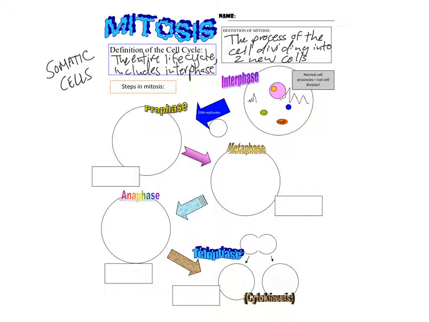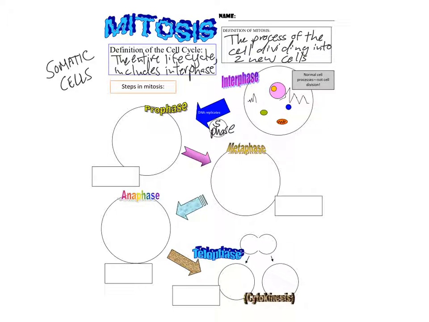So starting with interphase, we've already labeled that one. The cell's going to look normal. You can see all the organelles. Everything's doing what it's supposed to be doing. Toward the end of interphase, you get what's called S phase. And S phase is where the DNA replicates, and that's your signal that the cell is getting ready to divide.